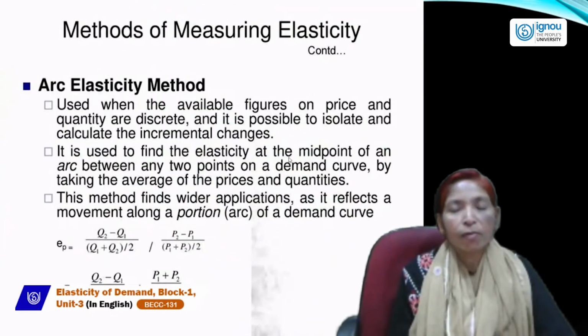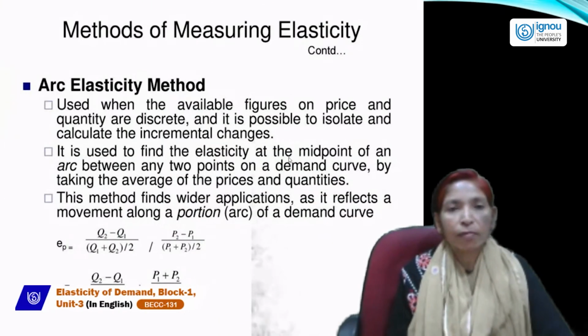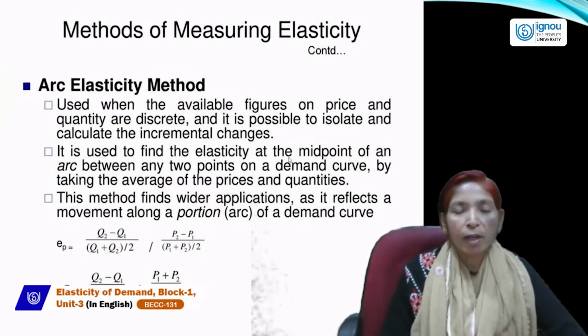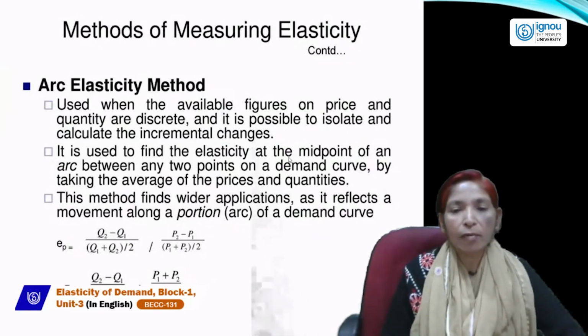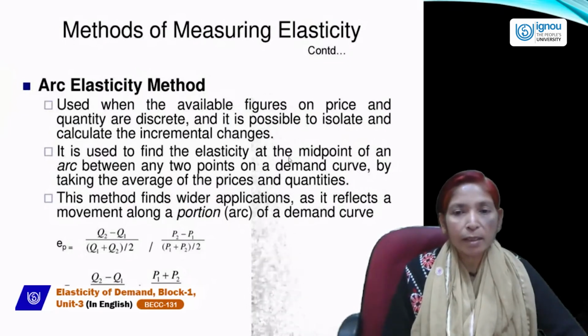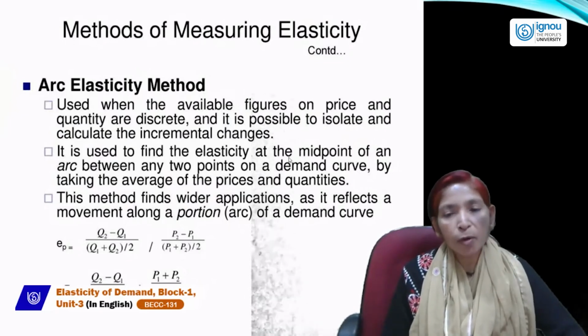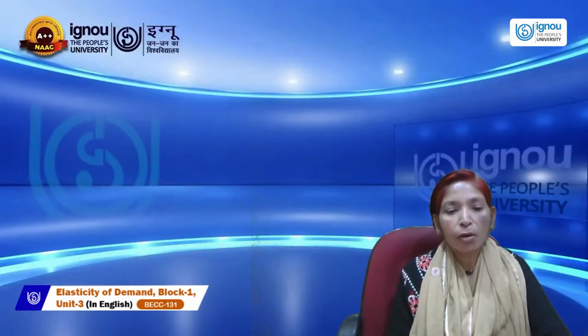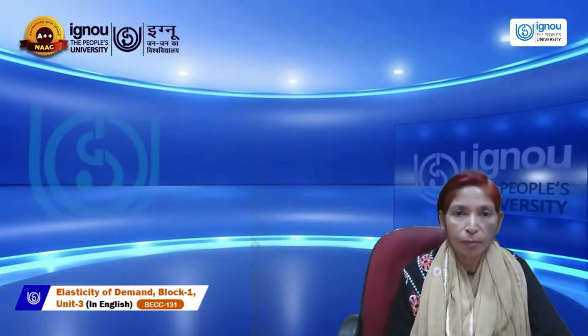The midpoint method is also a very important method of measuring elasticity of demand. When we want to estimate elasticity of demand at the given 2 points, not only a single point, then we can use this midpoint method or midway method or arc method. Its formula is delta Q upon delta P into P1 plus P0 upon Q1 plus Q0.